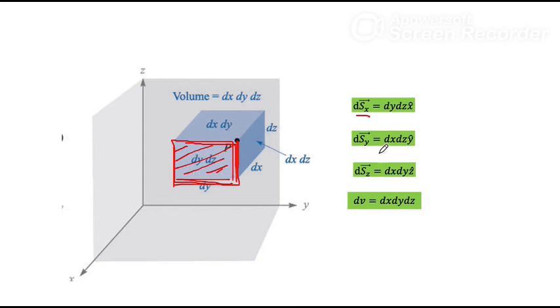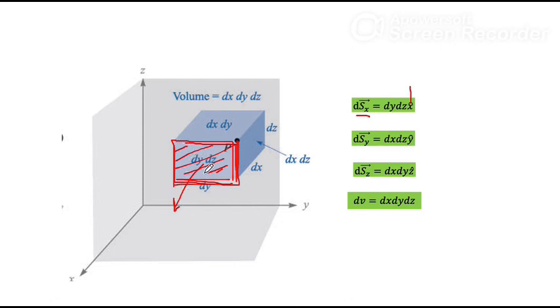Now I want to associate a vector to this face. How do I associate a vector to this face? I will simply multiply by the vector x. How is vector x pointing? Vector x is pointing away from the surface, right? This vector is perpendicular to the surface area.